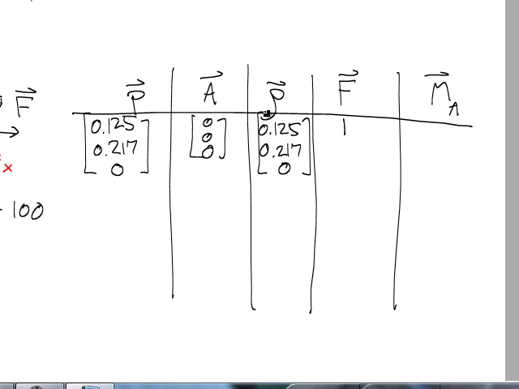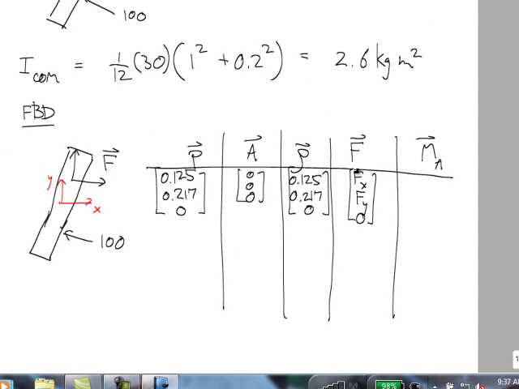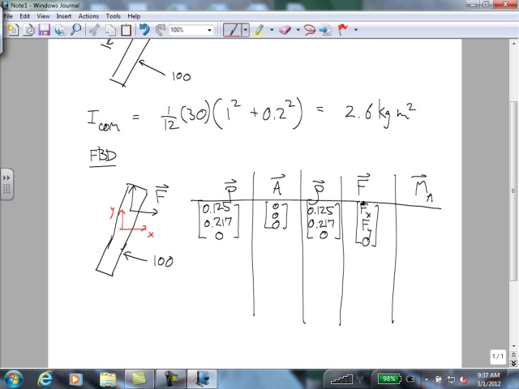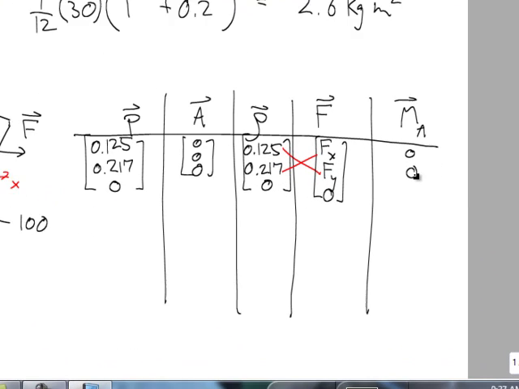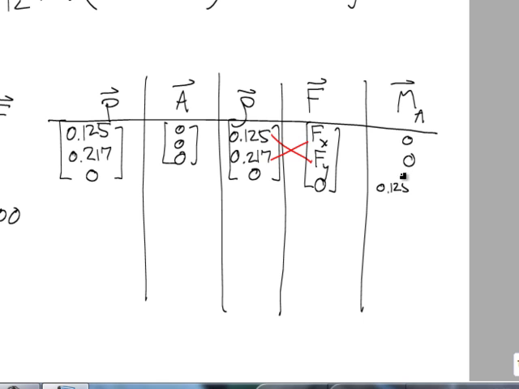That's a pin joint, so I'll just call it fx, fy, 0. We're doing it as a plane problem, so it's a 0 z component. And now the cross product of that, this minus this, in the z direction gives us 0.125 fy minus 0.217 fx.